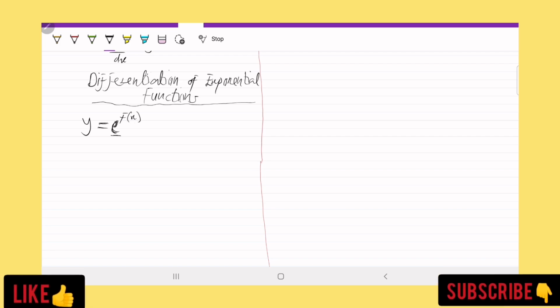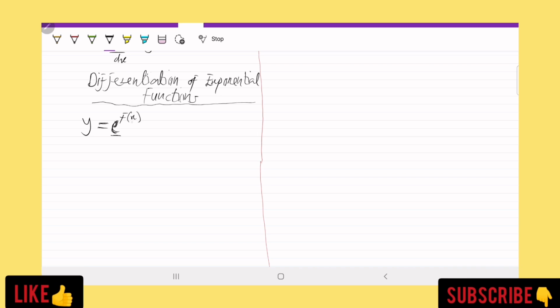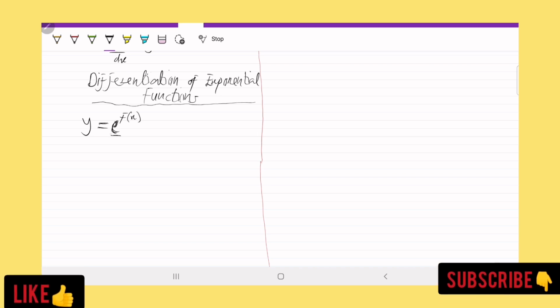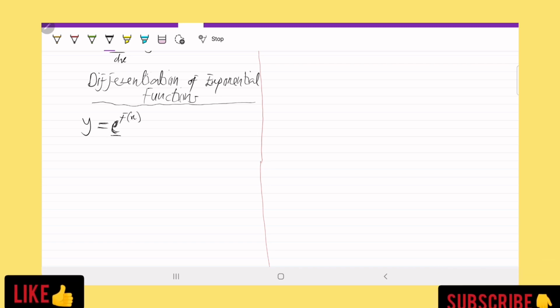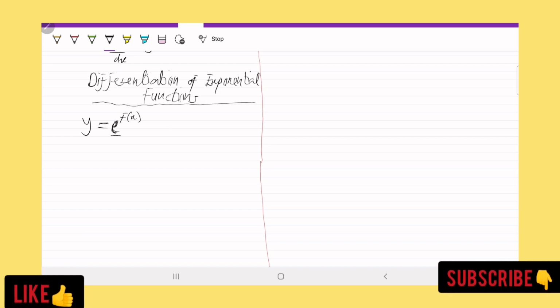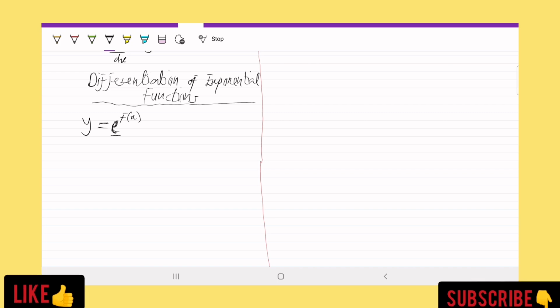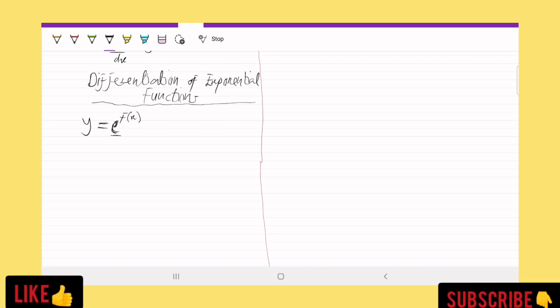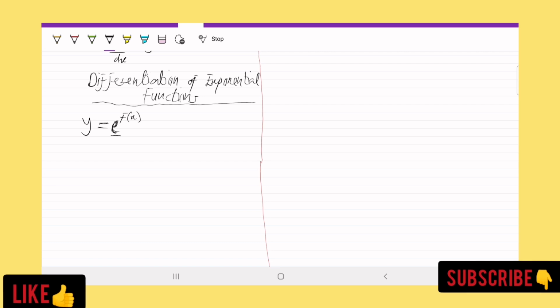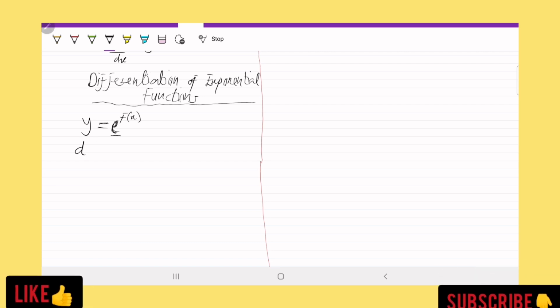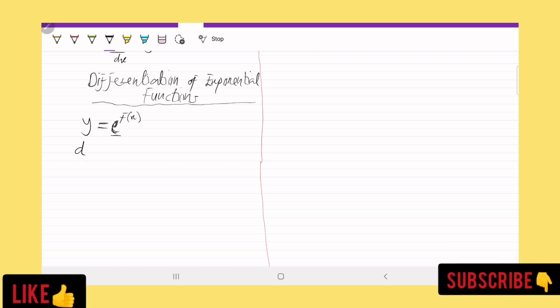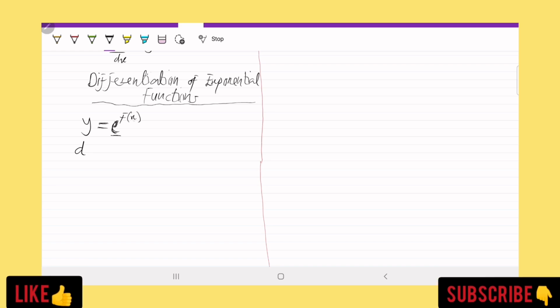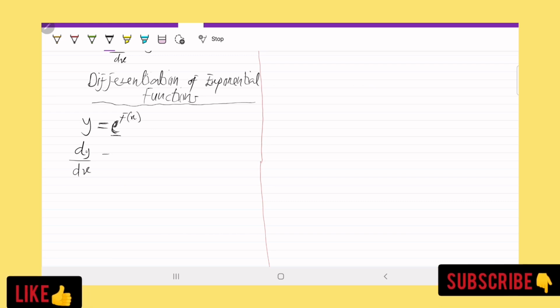After the differential, you multiply by the e, that is, you repeat it. This is what you're going to do. It's simple. Just stay carefully here. When you differentiate this function with respect to x, it becomes dy over dx.